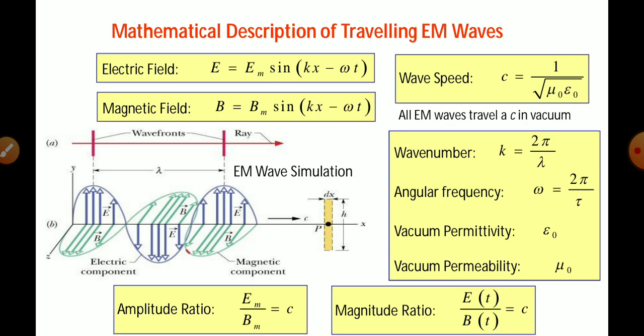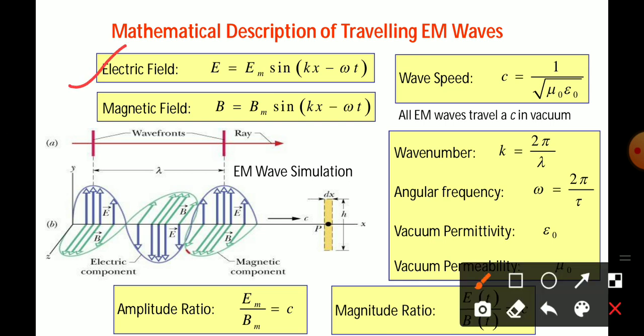Mathematically, the traveling wave electric field can be written as E is equal to Em sine of kx minus omega t, where Em is the magnitude of the electric field intensity, k is the wave number and omega is the angular frequency. And for the magnetic field, B is equal to Bm sine of kx minus omega t.